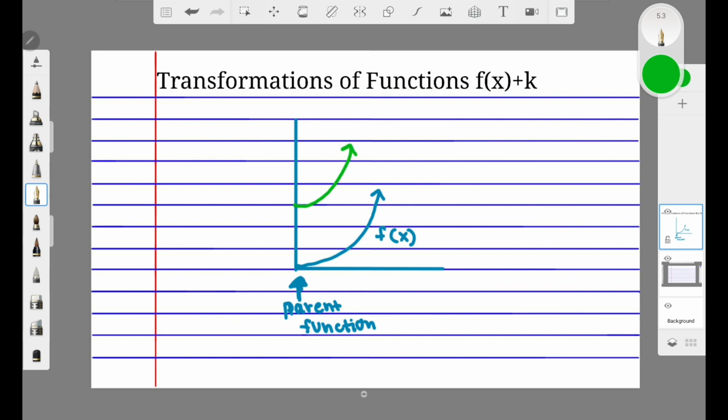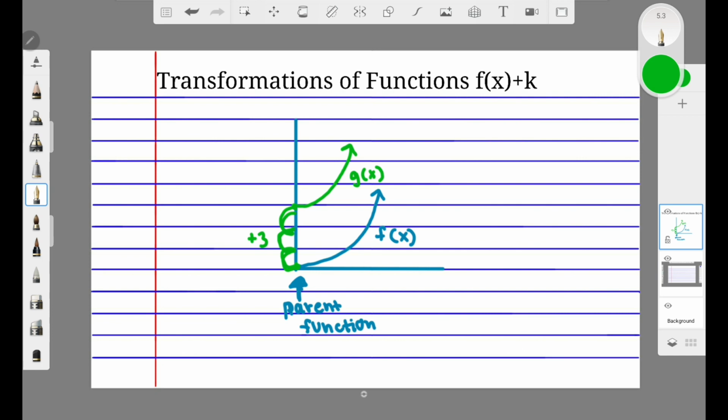Let's say that now we have this function, and this function is called g of x. So let's see. 1, 2, 3. It has gone 3 units up. You do this by comparing the points. So 1, 2, 3, it has gone 3 units up.